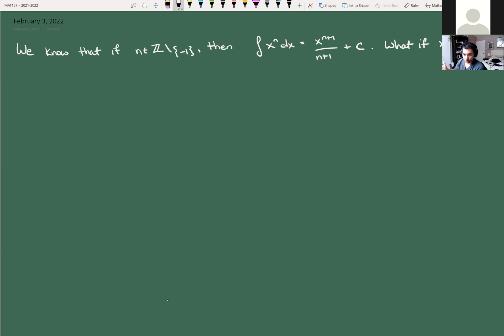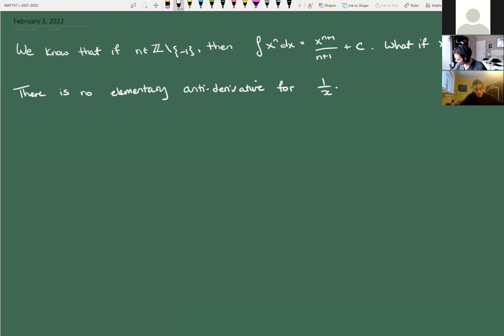Because that's what happens when n is equal to -1. So there is no elementary antiderivative for 1 over x.